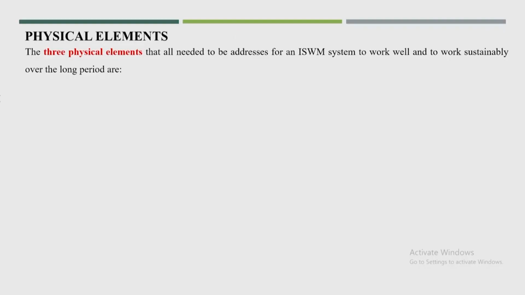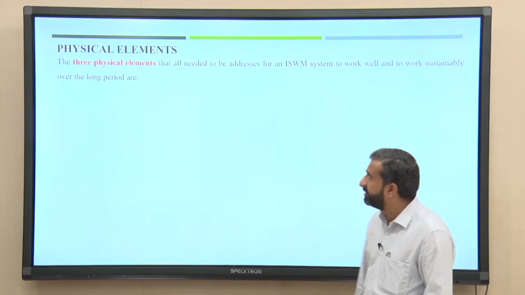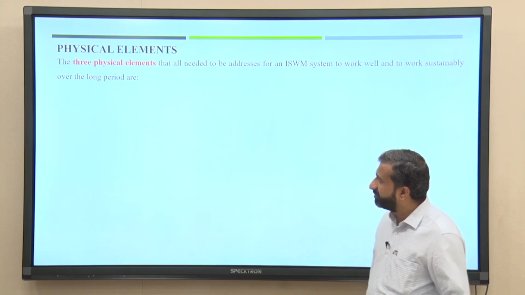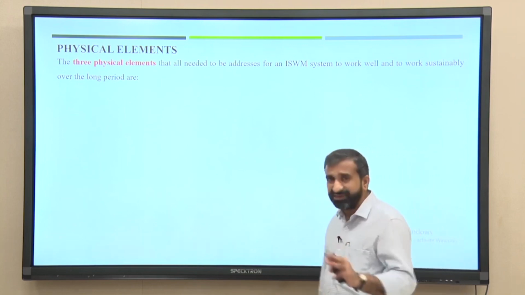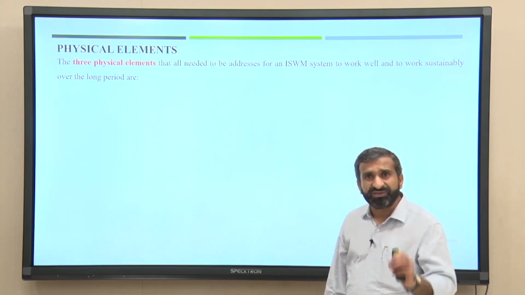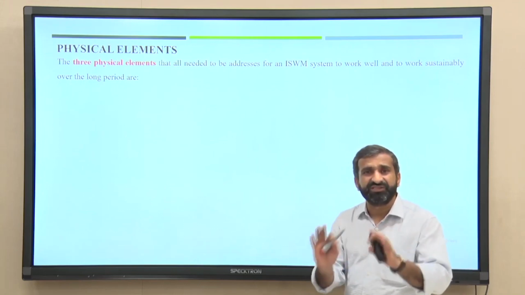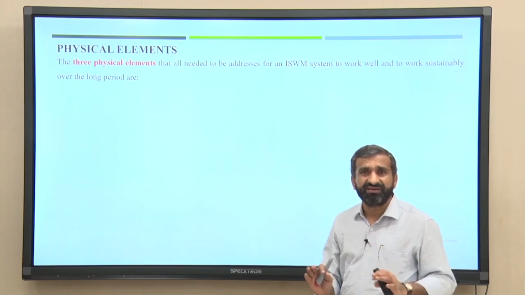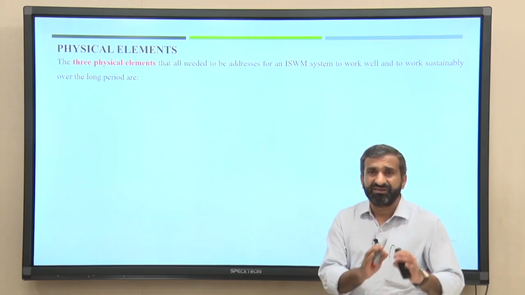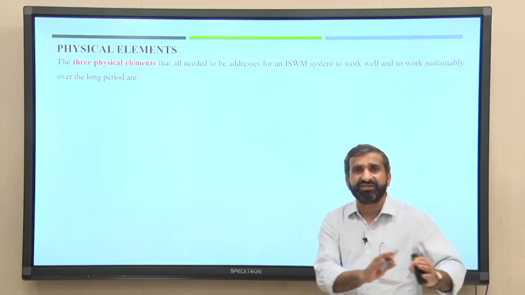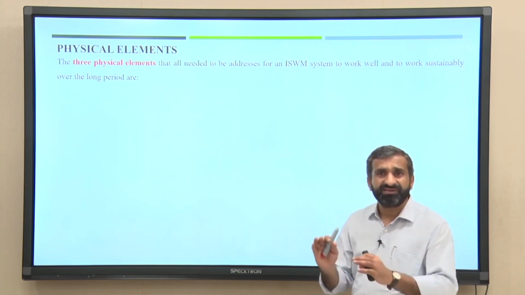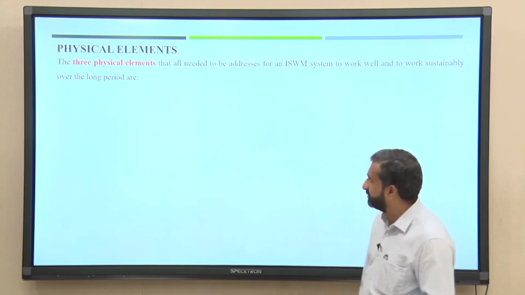Now, when you talk about an integrated solid waste management plan, system or strategy, normally we talk about 3 physical elements and 3 governance features. So there are 6 features or elements to be discussed under the integrated solid waste management plan, strategy or process.